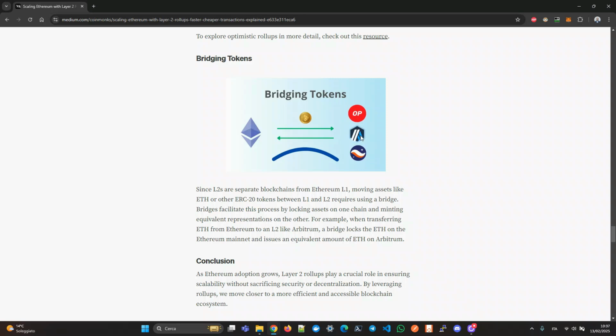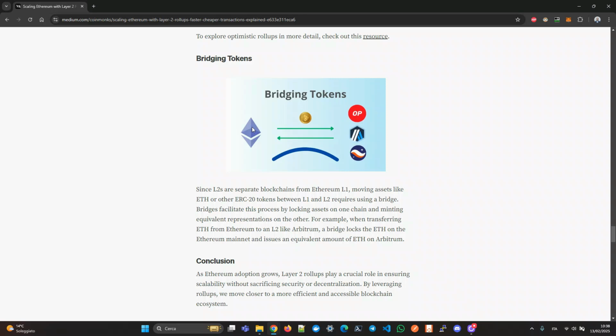A bridge is basically a smart contract that locks the token in one chain and then mints new tokens in the chain where we want our tokens to be. This smart contract allows us to move not only Ether but also ERC20 tokens from one chain to another. And of course, this has a cost. We could also do the other way around, from a layer 2 to a layer 1, but this of course has high costs.